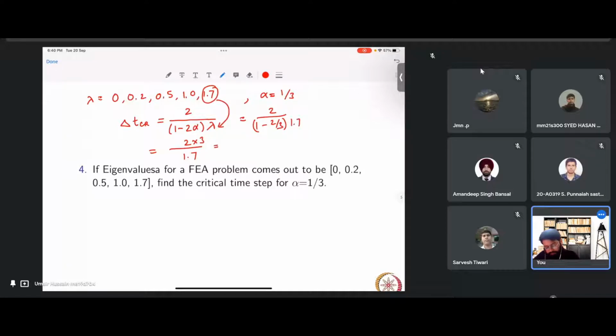So 6 upon 1.7. Whatever the value of this thing is, we're not going to calculate this. That's our critical time step. We can't go beyond this. Whatever the problem is, we'll have to keep the time step under this value. Okay, so there is no doubt, we'll move forward.